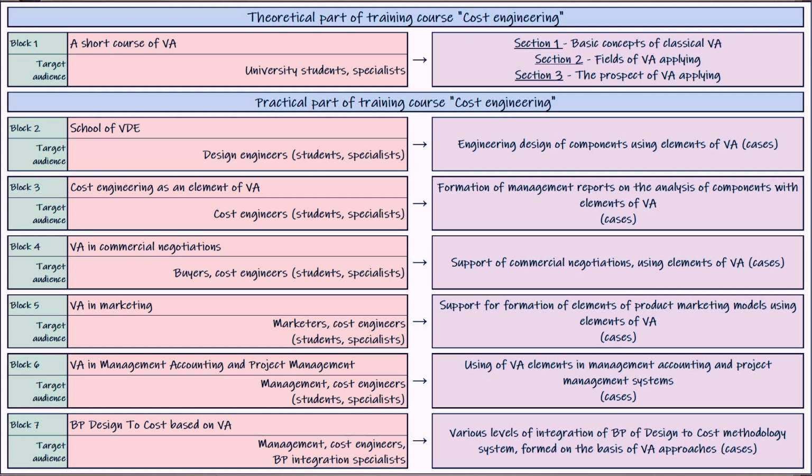Block 4. Block 4 includes a set of cases in which the process of supporting commercial negotiations by a cost engineer is considered, such as feasibility study of target prices of the company, types of work, etc. The peculiarity of the substantiation of these negotiation positions considered in Block 4 is the use of elements of functional and cost analysis that allow for analysis in conditions of a shortage of initial data.